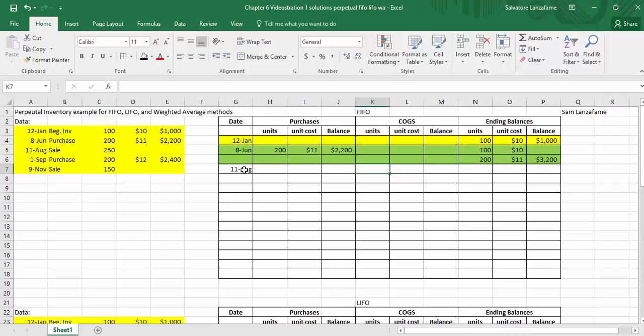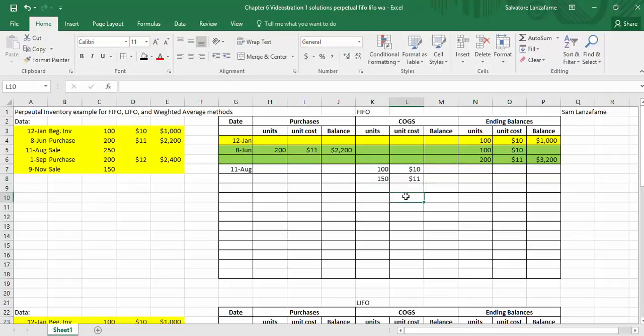Out means sale, sold. I've got 300 there, and I want to sell the first 250. So I have to take the 100 at $10, and then I'm going to take another 150 from the $11 group.